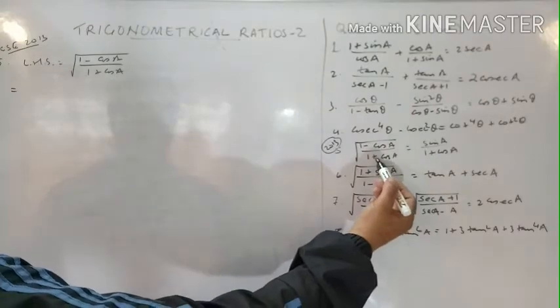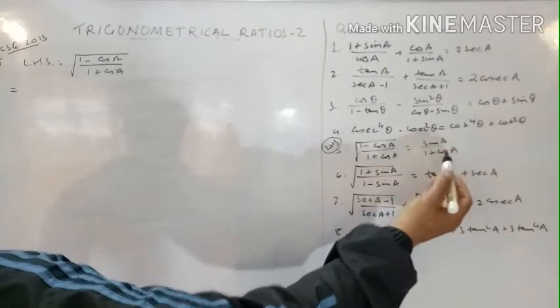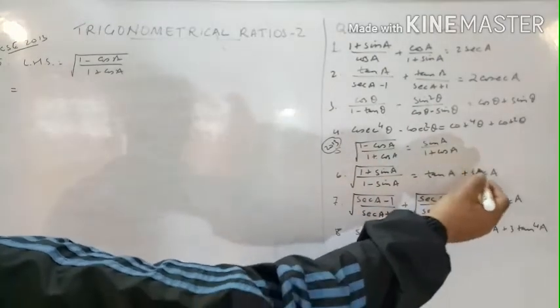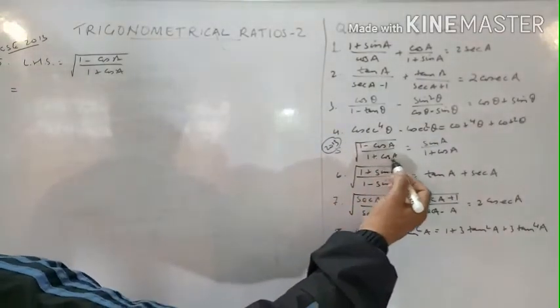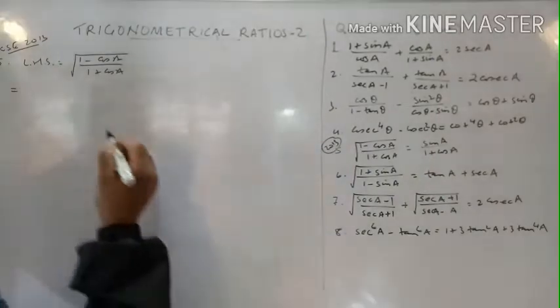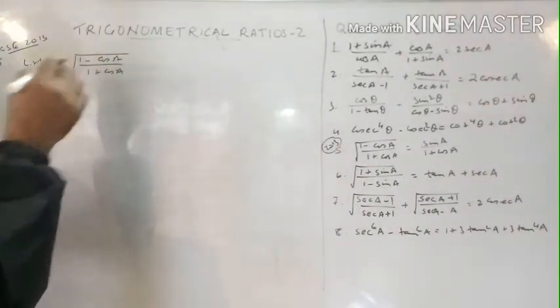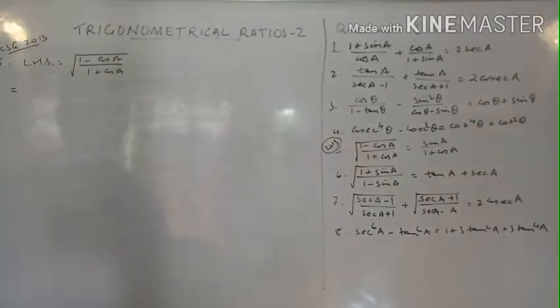Here 1 plus cos A, denominator is 1 plus cos A. The other one is in terms of tan and sec. Okay, since 1 plus cos A is there in the RHS, so what we do, we multiply both numerator and denominator by root over 1 plus cos A.